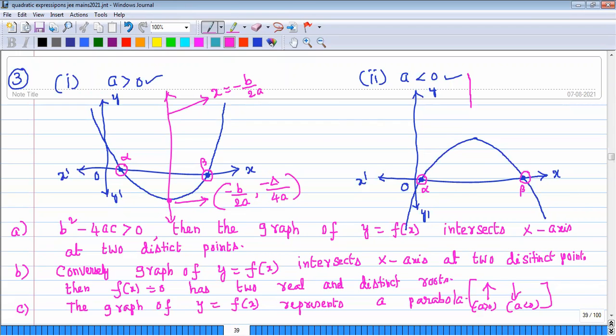Here, see, this is also a symmetrical line, x is equal to minus b by 2a, whose vertex is minus b by 2a, comma minus delta by 4a. Now here minus delta by 4a is the maximum value when a less than 0.